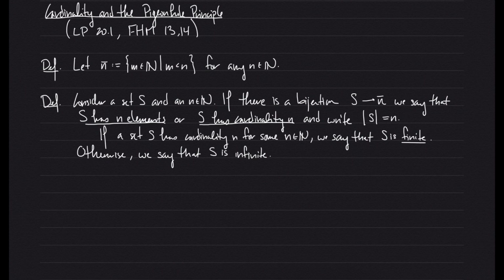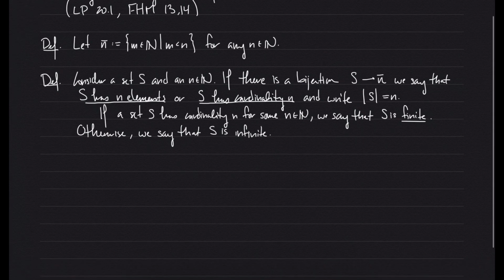Okay, so the reason why this is the definition is, hopefully you have some good intuition about what a bijection is from the section on bijections, but just to go over that again, say you have some set S that consists of 3 elements, A, B, and C, and we of course want to say that that has 3 elements, because that's pretty clear. So we've got our standard set 3 bar that also has 3 elements.